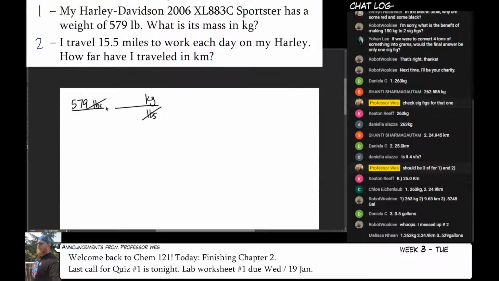And then I have to go look up a conversion on Google from pounds to kilograms. I'm going to use the first one that we had because that's what was on my screen still, which was 1 kilogram is 2.205 pounds.